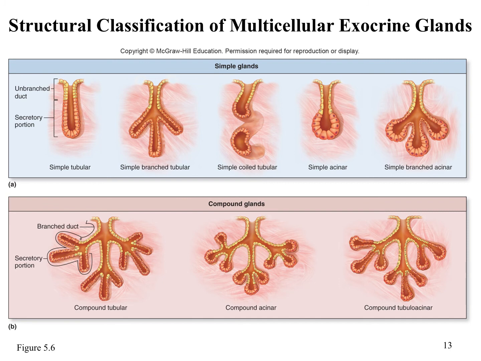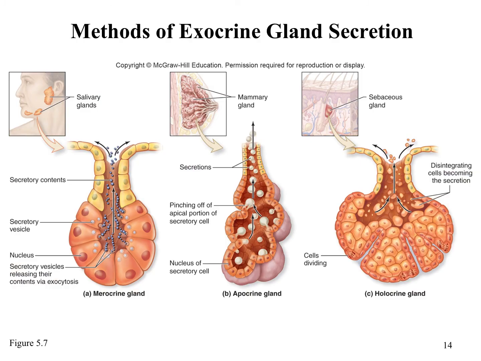So salivary glands, mammary glands are like this compound acini. They're very complex. Sweat glands, right, that are on your skin are basically these simple coiled tubular ones. They have this jumbled tube that's found in the skin. Okay? Can be very complex.